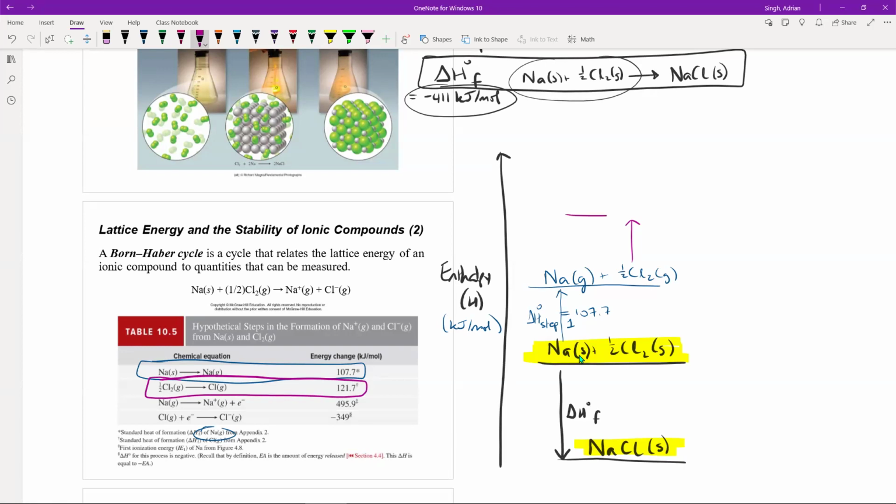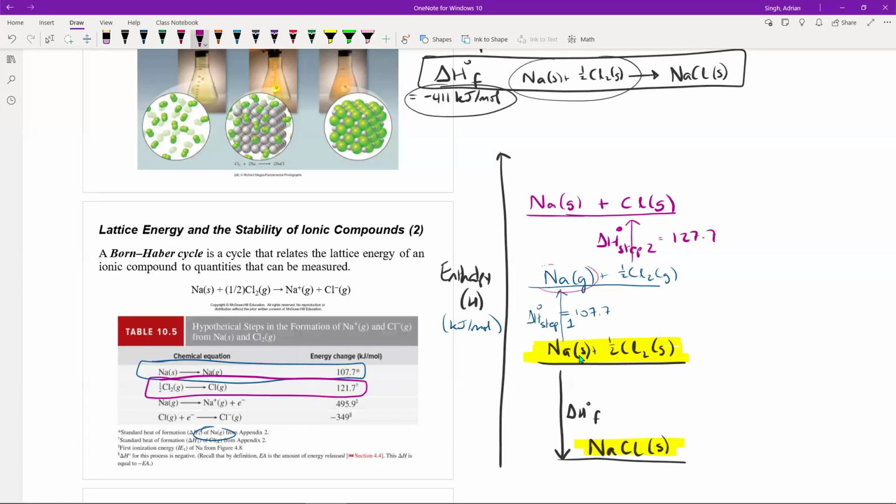So here we're going to make atomic Cl in the gas phase, and that process would require 121.7. So the delta H here, we'll call this step 2. That's 121.7 kilojoules per mole.